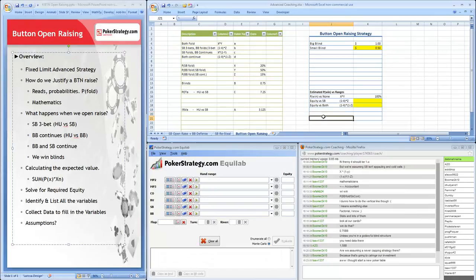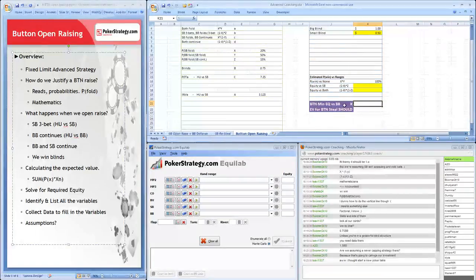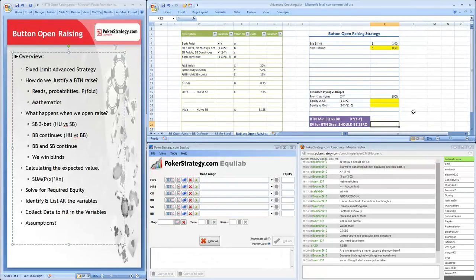Well, as you're going to see here, the reason we haven't put that in yet is because we're going to calculate it. This is going to be the thing that we need to figure out. We're also going to be calculating our expected value. This is going to be really useful later on. And we've already started to do a little bit of that.